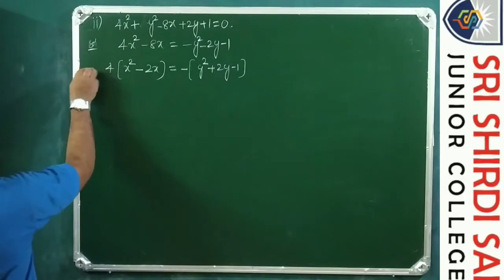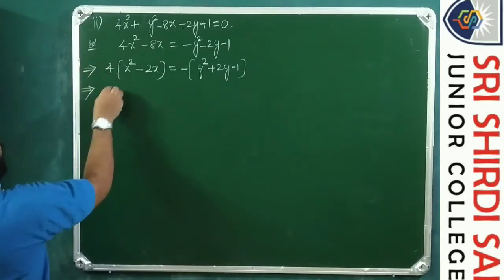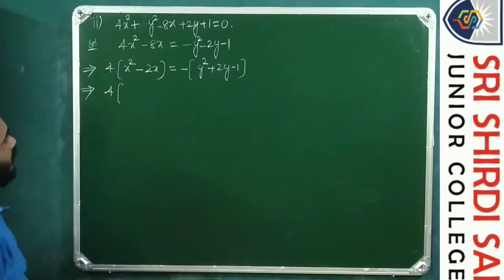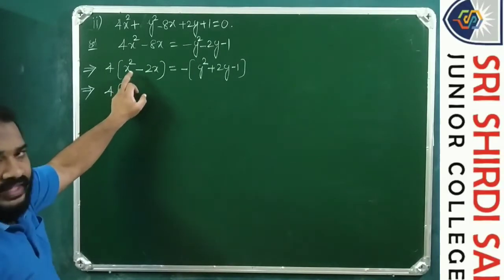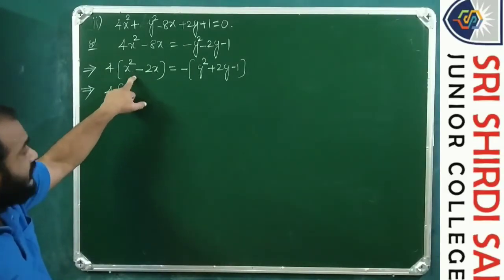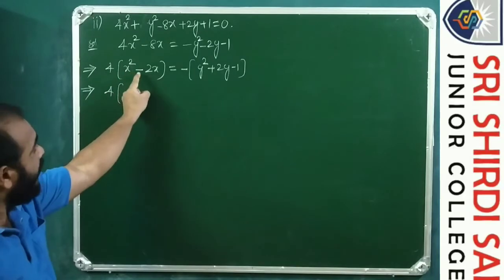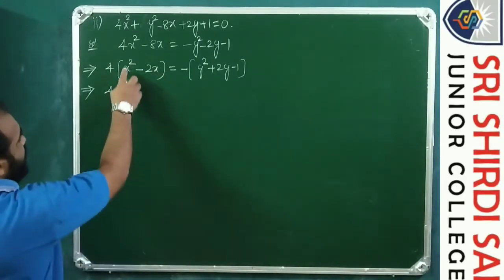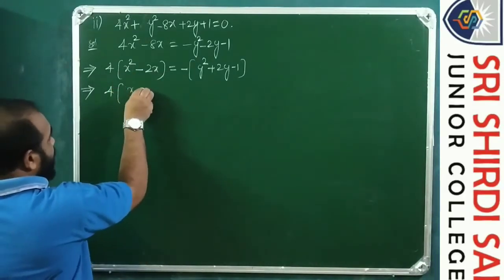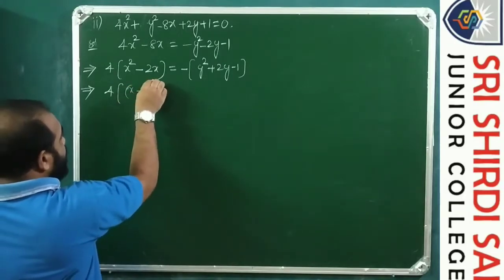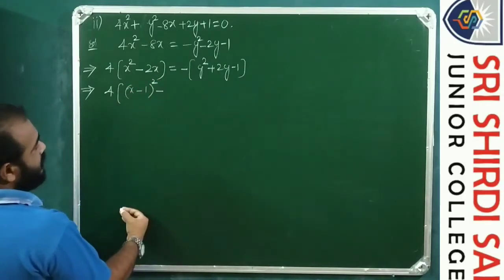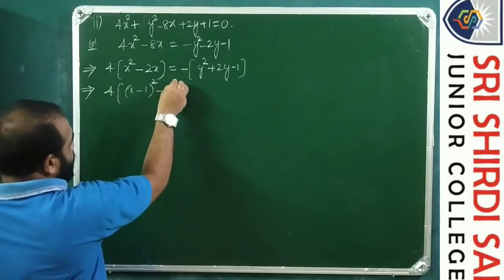So this implies 4 into, express this into (a minus b) whole square. So this is (x minus 1) whole square minus 1.